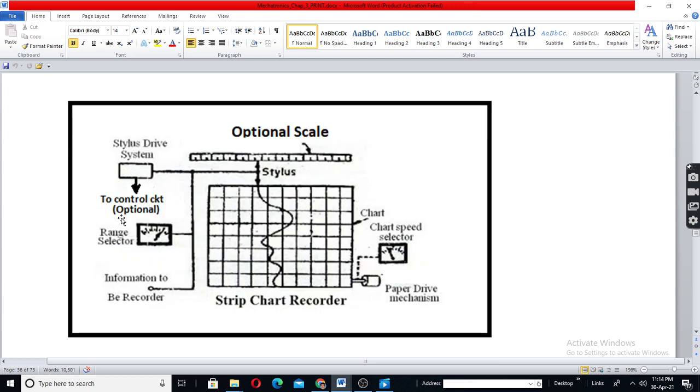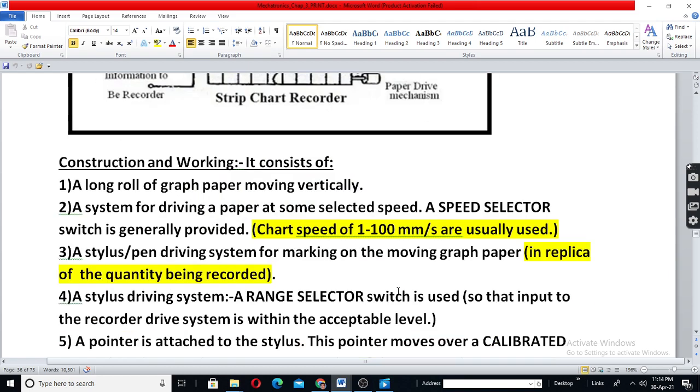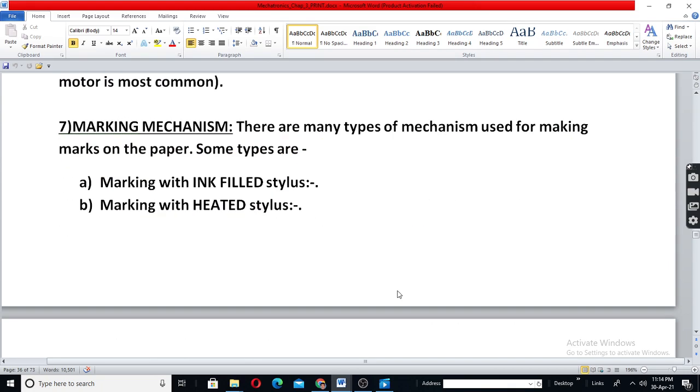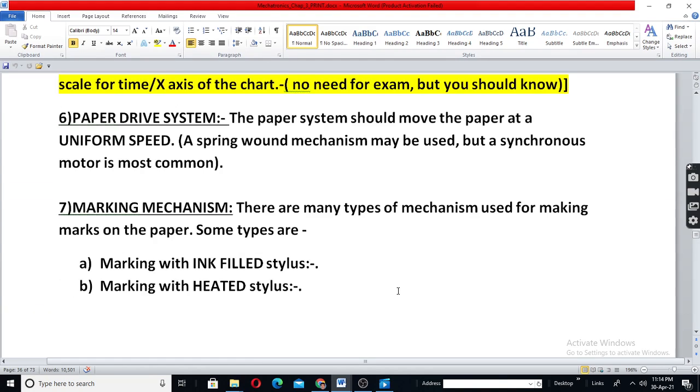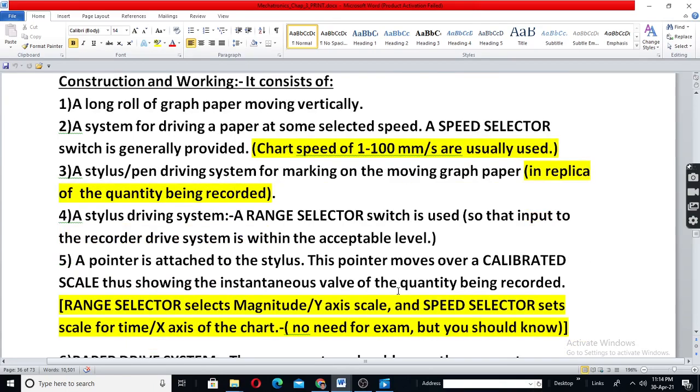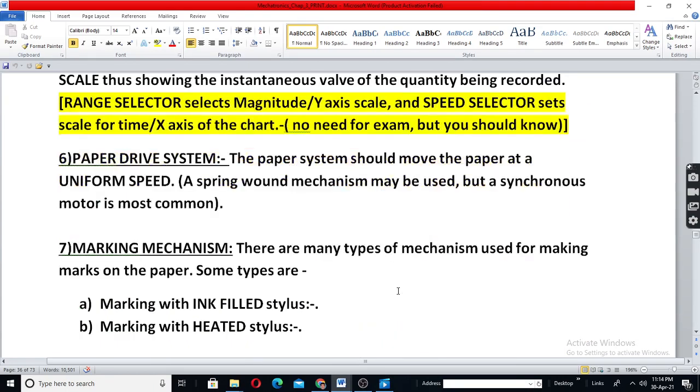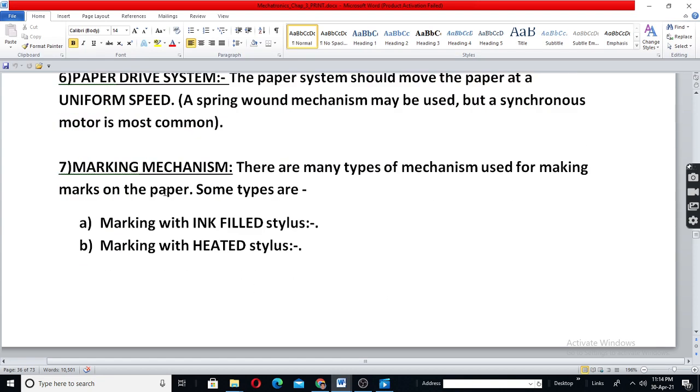So the data you have, voltage or current, whatever it is, that value should drive this pen in the x direction. The more the data, the more it should come here. And here is the paper drive. So this is the marking system.